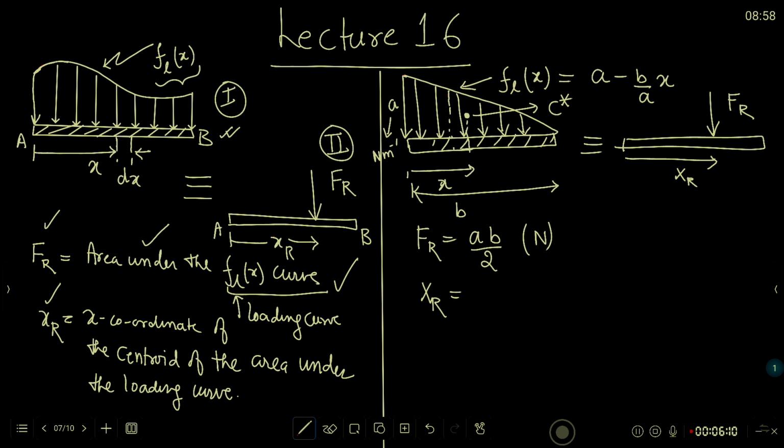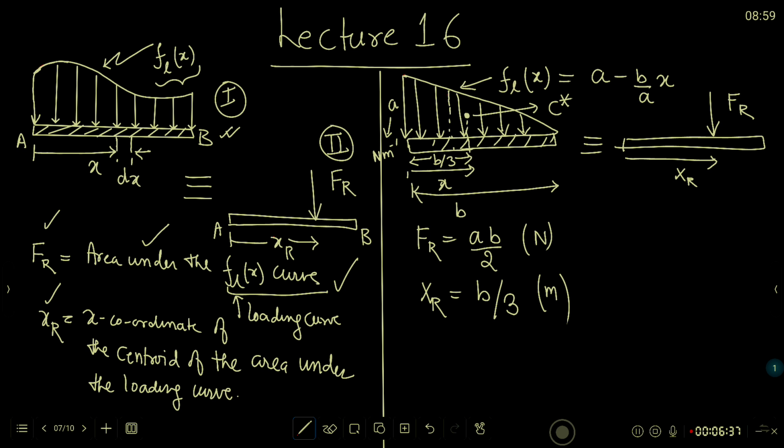This I marked as X. So the x coordinate of the centroid of a triangle, we know, is at B by 3, and thus I can directly say that this force should be applied at B by 3 meters from the left hand side.